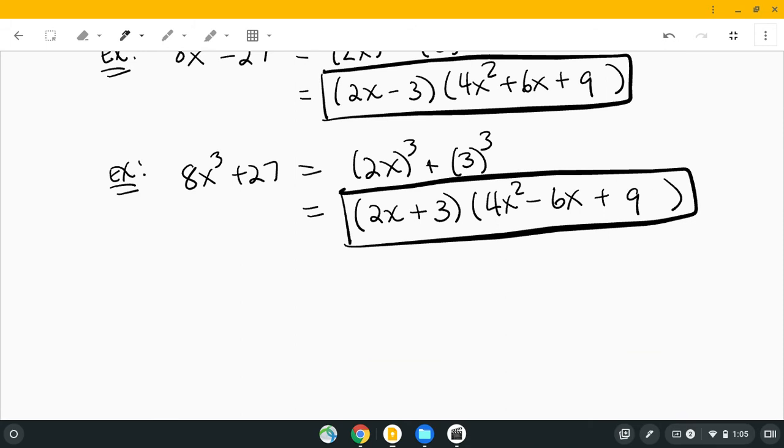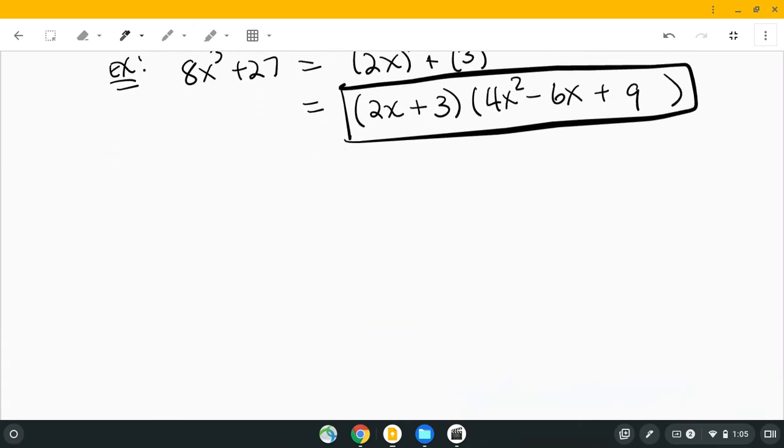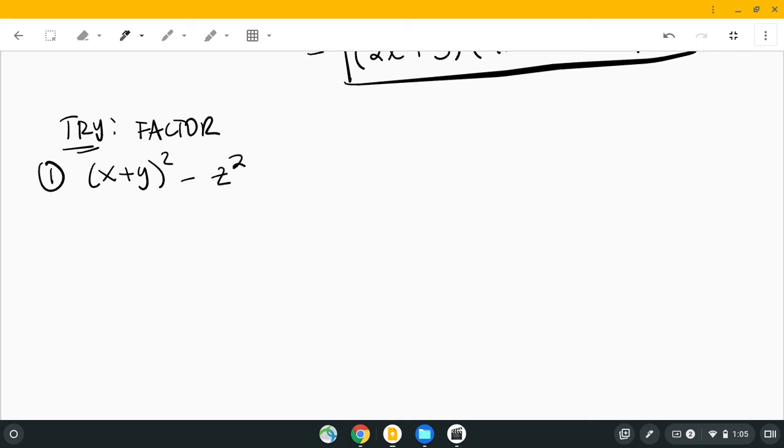Okay, so let's have you try a few. Go ahead and try this one here. x plus y squared minus z squared.